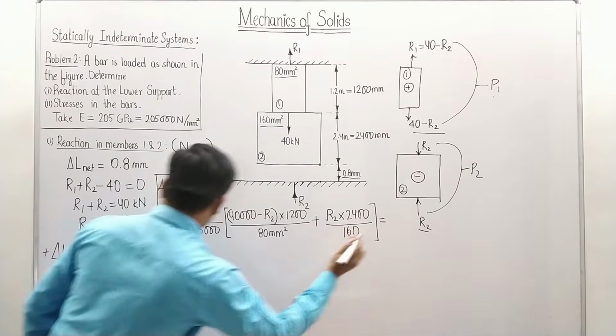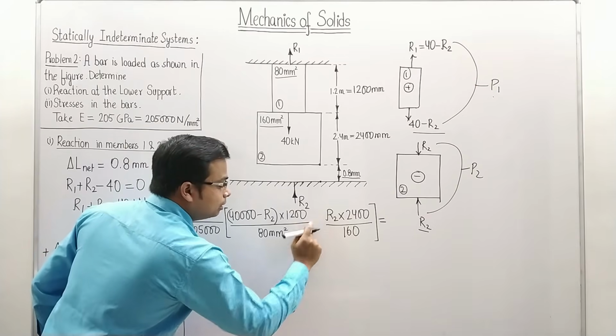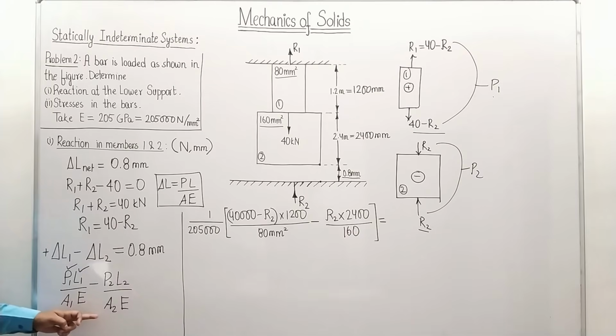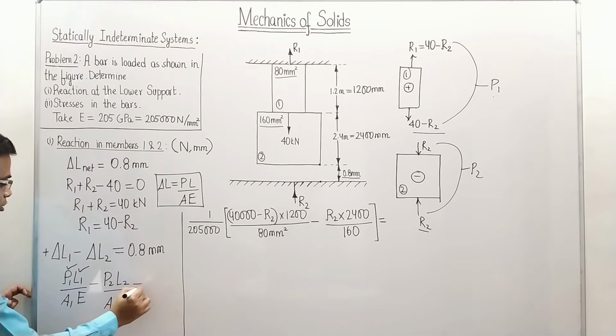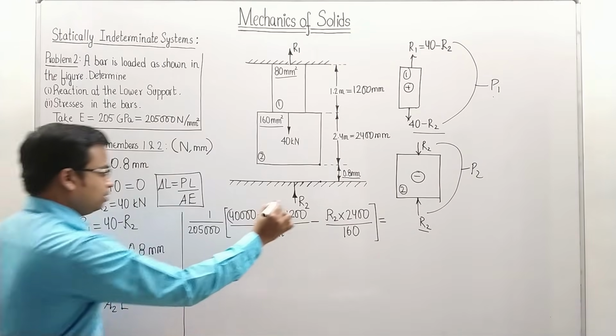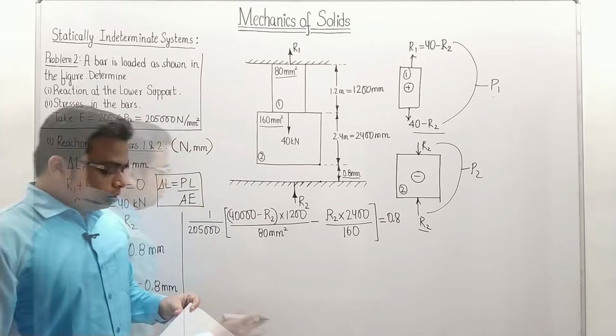All of this, okay, this is not plus, this is negative. All of this is going to be equal to 0.8 millimeters.